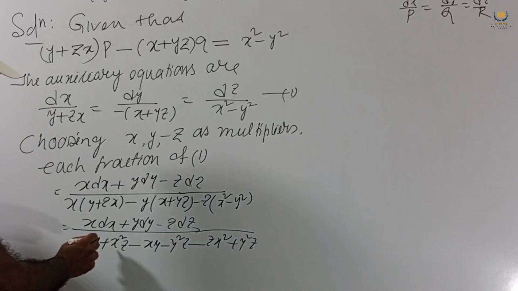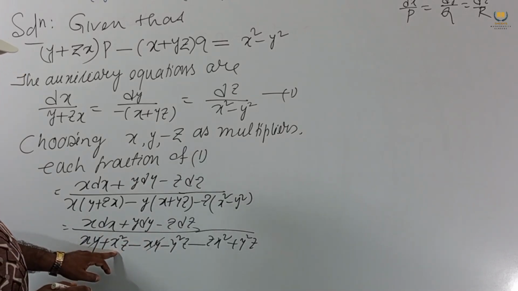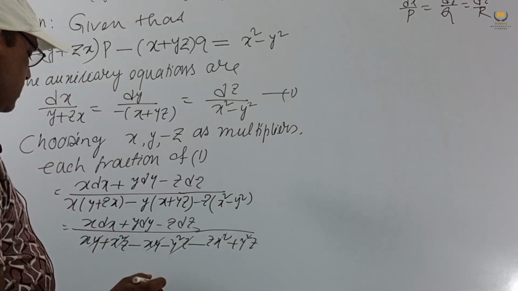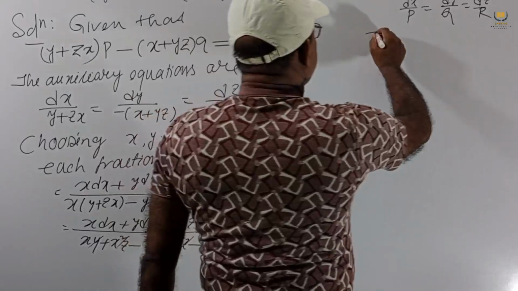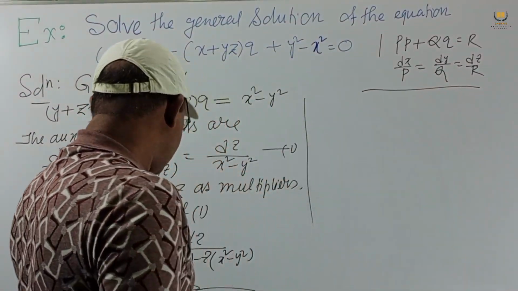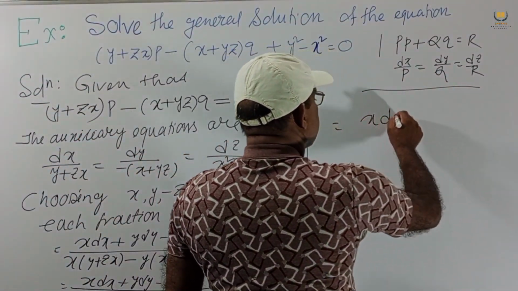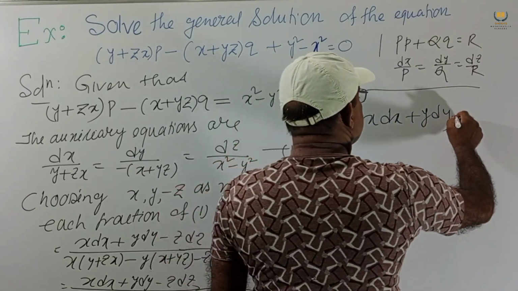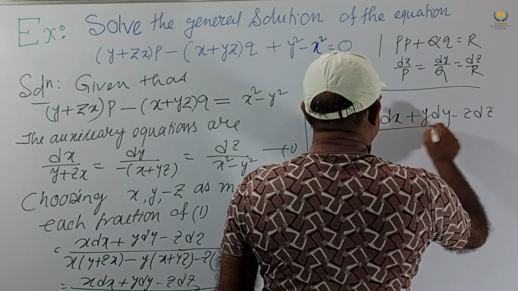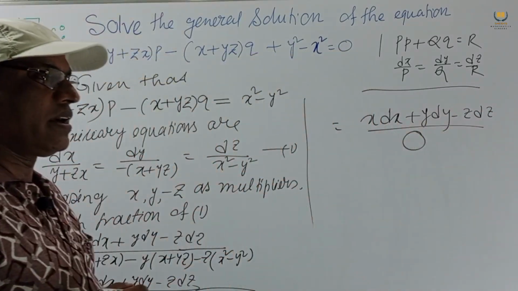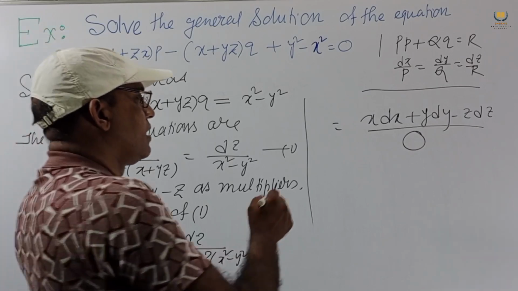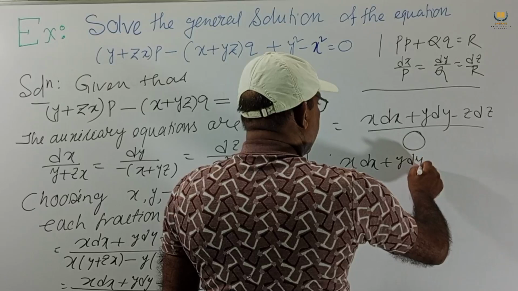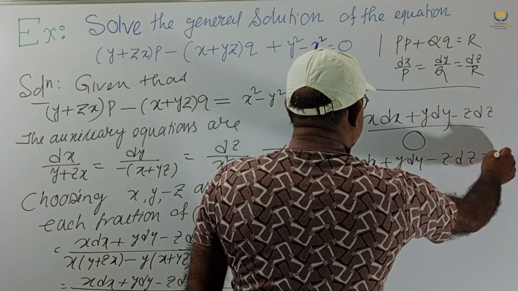So xy cancels, x²z cancels, and y²z also cancels. So what we get is (x dx + y dy − z dz)/0. The denominator is 0, so we can write x dx + y dy − z dz = 0.